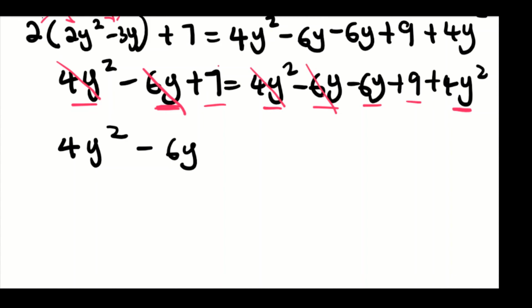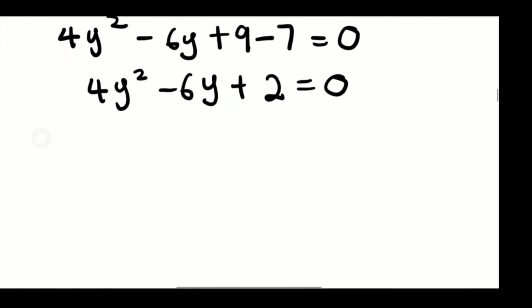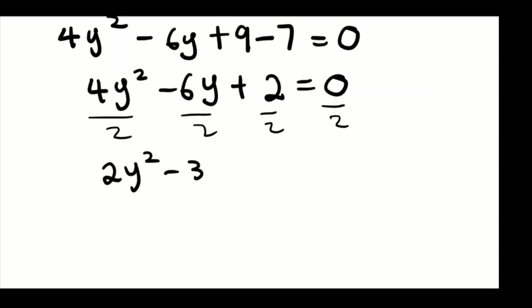So we're going to transpose this +7 to the other side. So we will have +9 − 7 equals 0. So it's going to be 4y² − 6y + 2 = 0. Then we divide by 2 on all sides, and we'll have 2y² − 3y + 1 = 0. And then we factorize.